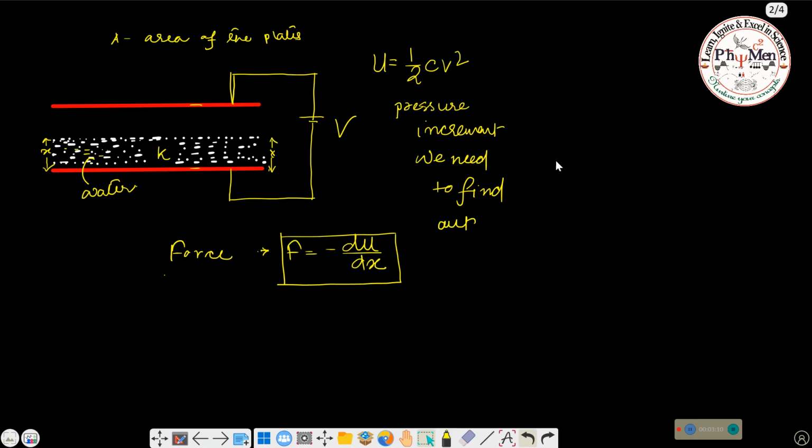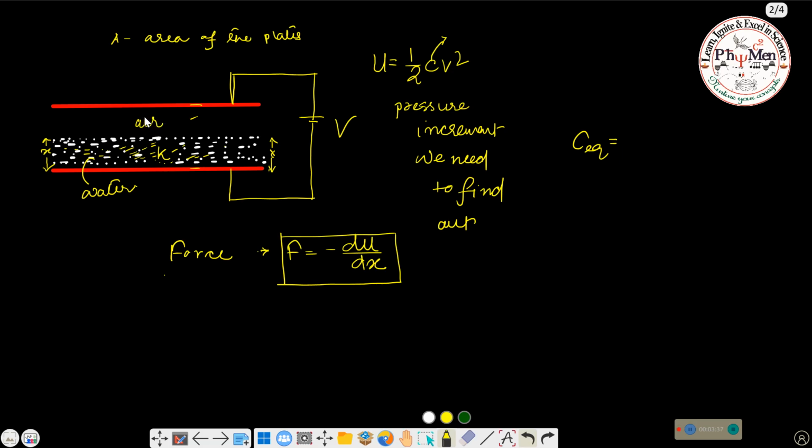Now for U we need to find out the C equivalent, because we have two particular capacitances here. For this portion we will have one capacitance, and this portion will have the other capacitance.